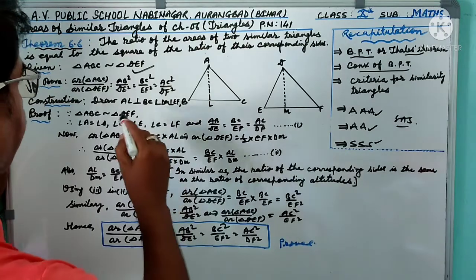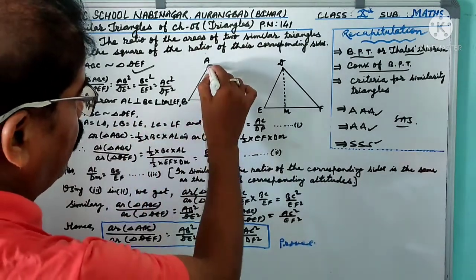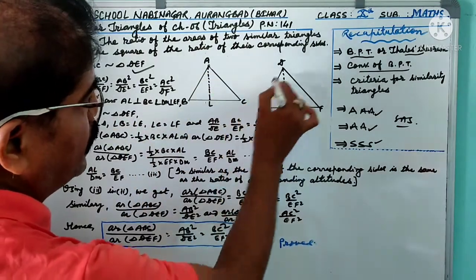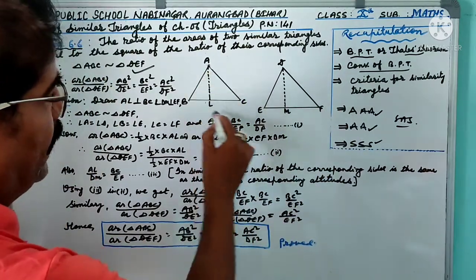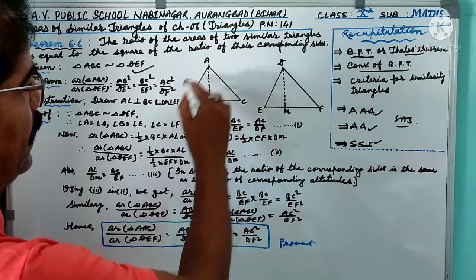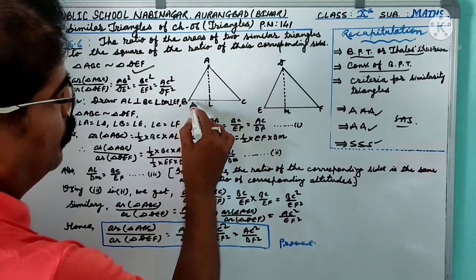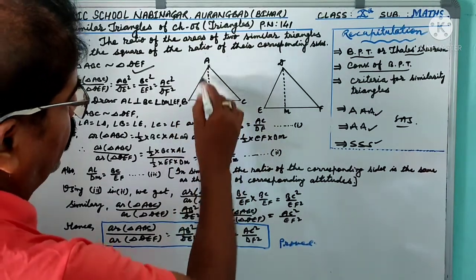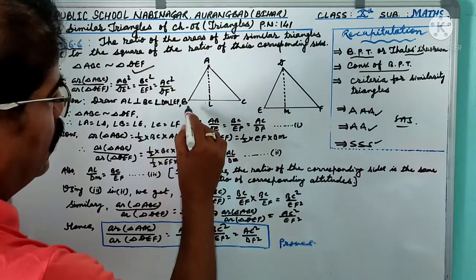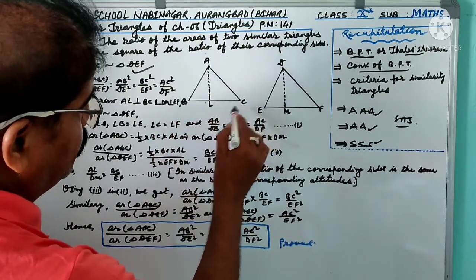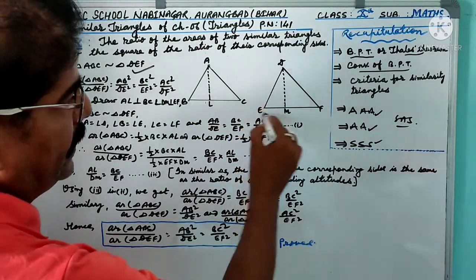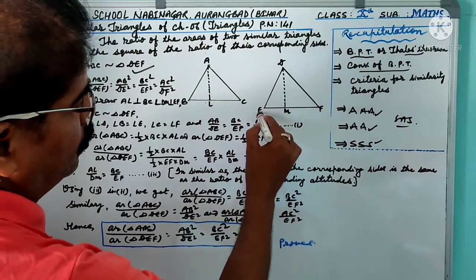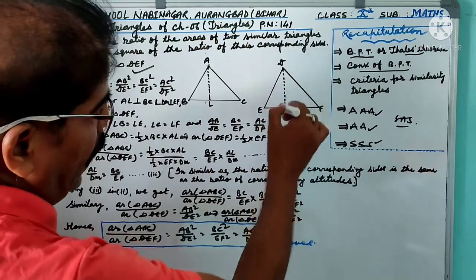Dear students, construction: draw perpendicular AL to BC and DM to EF. Now in triangle ABC, area of triangle ABC equals 1 by 2 base into height. That means 1 by 2 base BC and height AL. And area of triangle DEF equals 1 by 2 base EF into height DM.